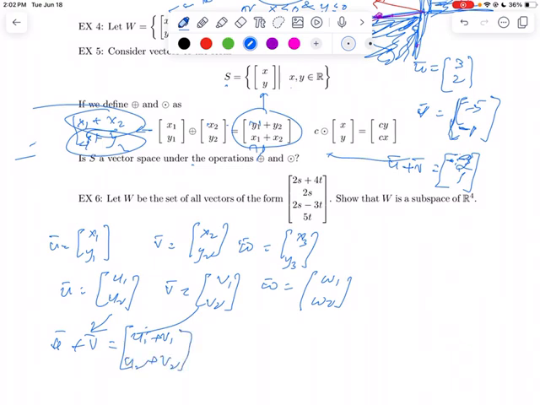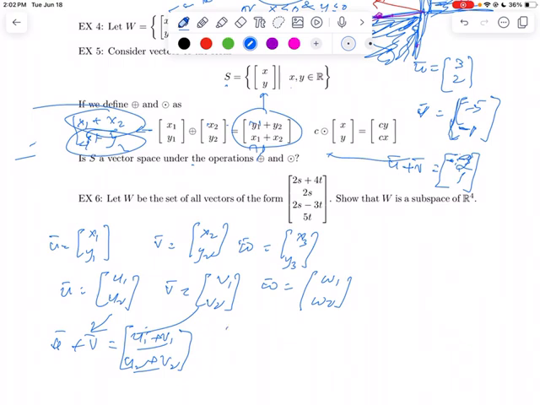Will this be in the set? Yes, because these are all real numbers, and the sum of real numbers is a real number. So this vector is in R2, in S.